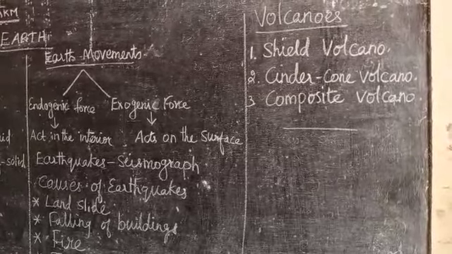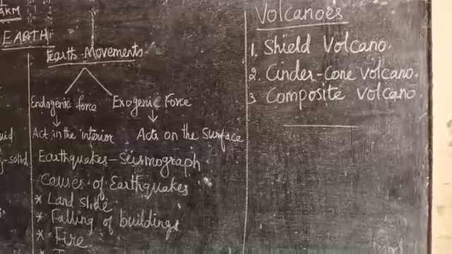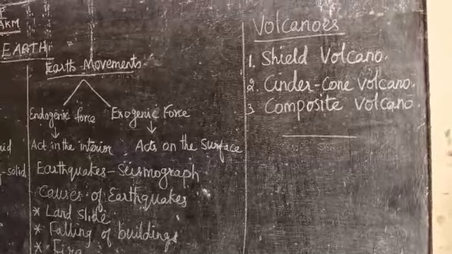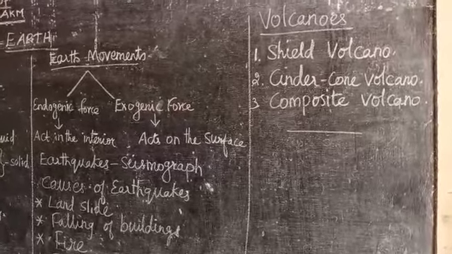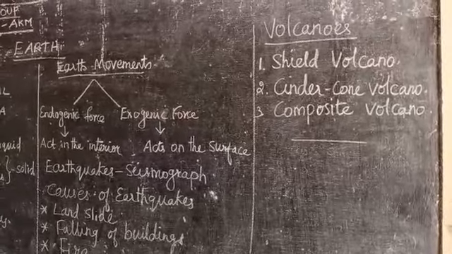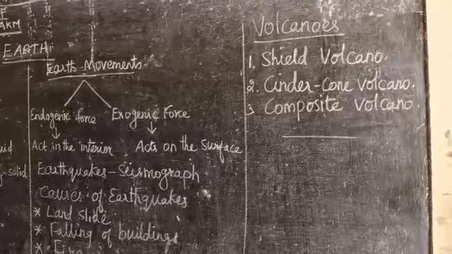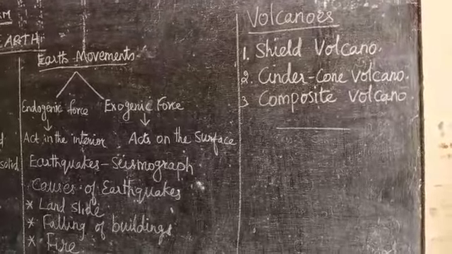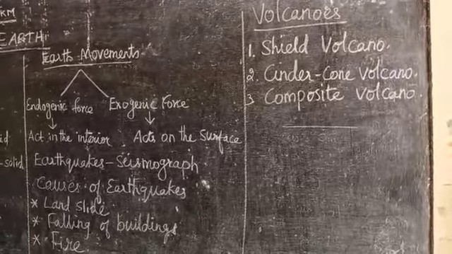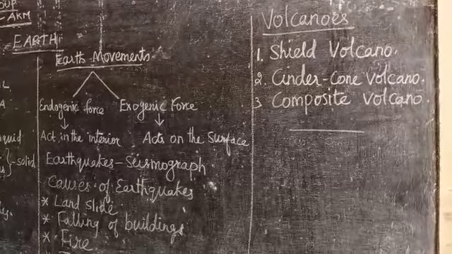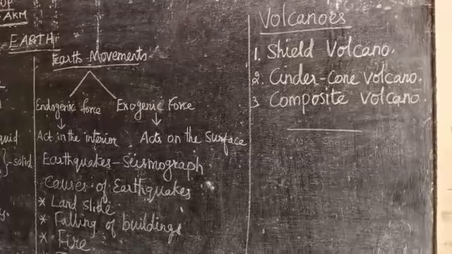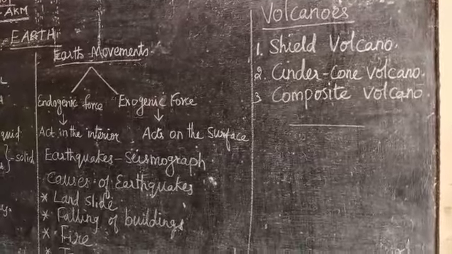Next, cinder cone volcano. This is rich in magma and traps gases inside the volcano until enough pressure is built to push the magma out of the earth's crust. When this type of volcano erupts, it shoots gases, ash, etc. with great force, throwing them several kilometers up into the atmosphere.